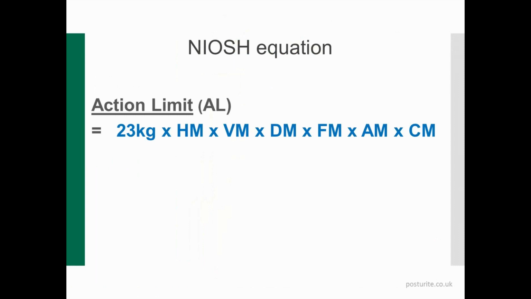If, as a result of working out this equation, you come up with a figure which is above that 23 kilograms that sits at the front of that list of factors, then you need to take action to change the manner in which that work is done, to reduce that to the 23 kilograms. The 23 kilograms is a load which is accepted as being reasonably safe to handle if you hold it at waist level in front of your body. And so we then want to look at what is the horizontal distance actually away from the body that you do actually hold that load.